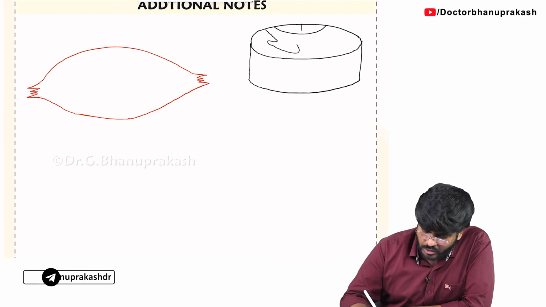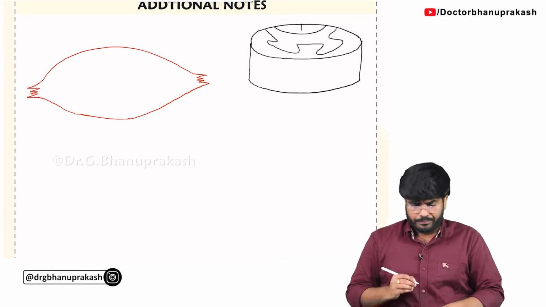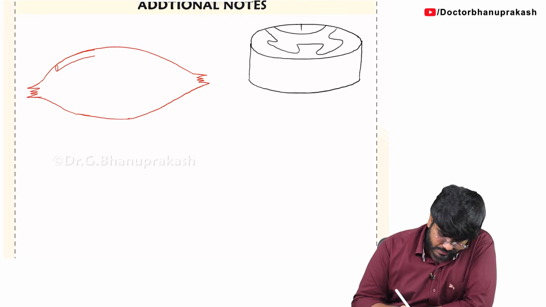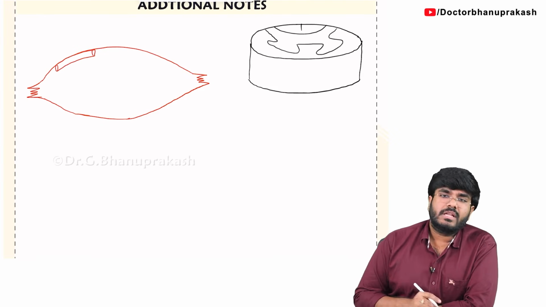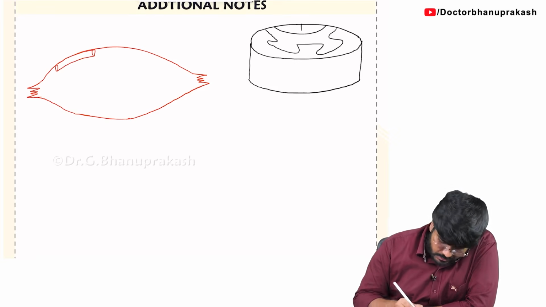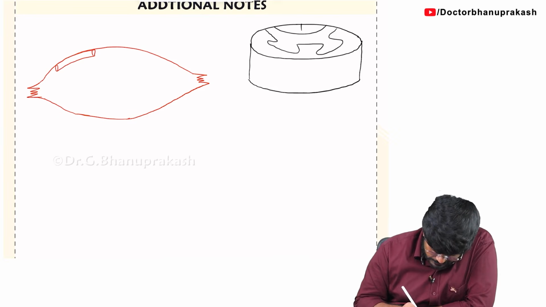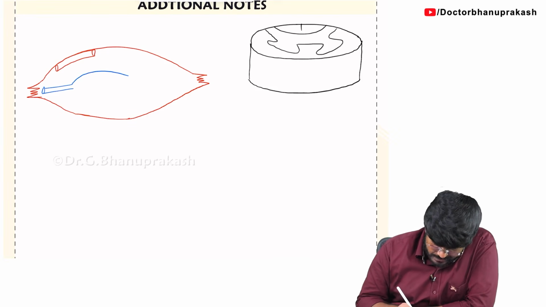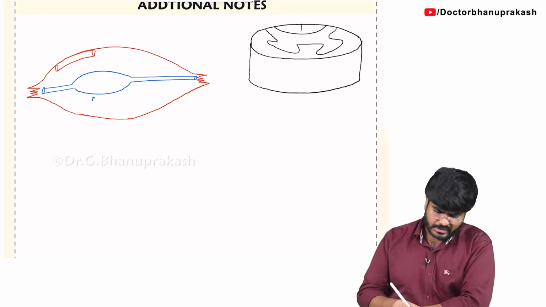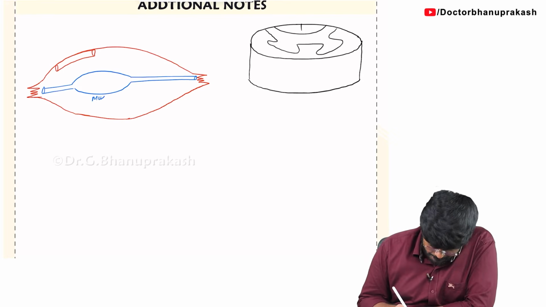These are the anterior horns of the spinal cord which are motor in nature. You already know this. Our muscle has extrafusal fibers, the myocytes which will contract, the actin myosin contraction, and also the intrafusal fibers. Muscles also contain a specialized receptor called muscle spindle, which is made up of intrafusal fibers. Let's say here is the intrafusal fiber, which is nothing but the muscle spindle.